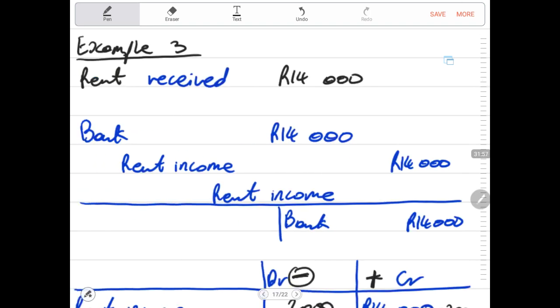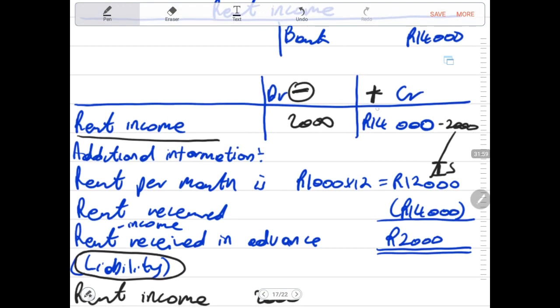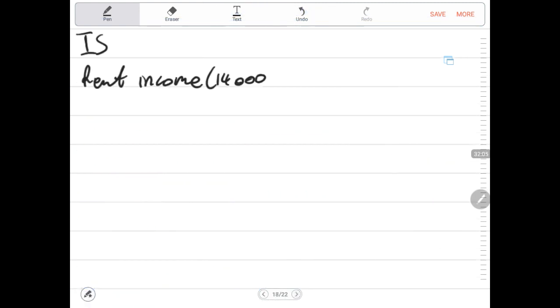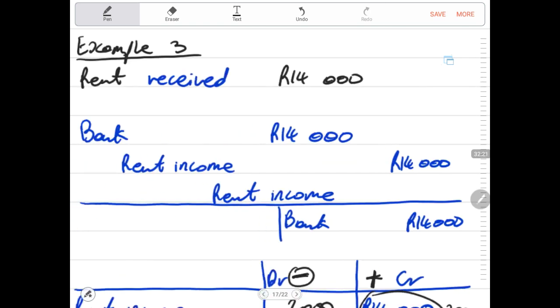Remember, we always start with the amount from the trial balance, the amount already received, which is 14,000 rands, but we're supposed to receive 12,000 rands. Therefore, we need to decrease the 14,000 rands by 2,000 rands, so that it becomes 12,000 rands, the amount that was supposed to be received.